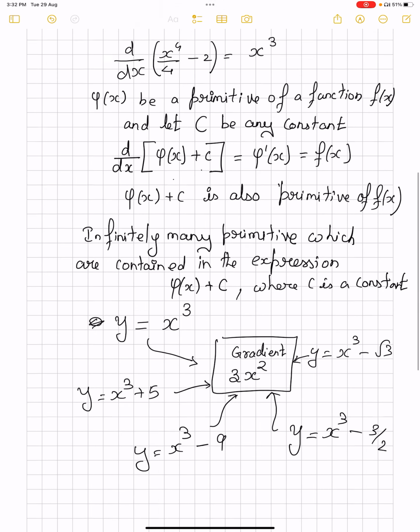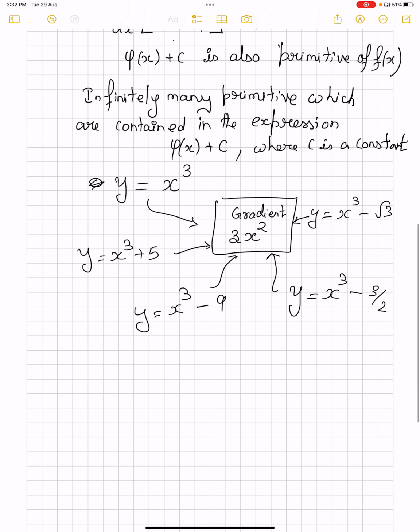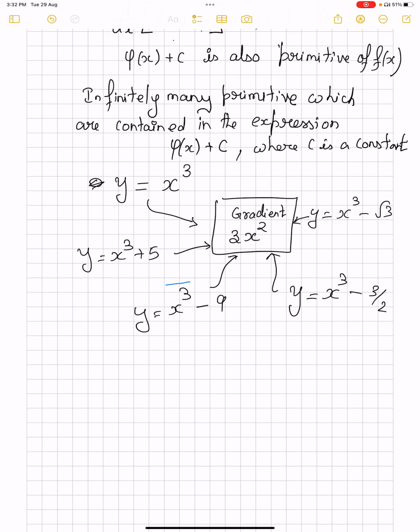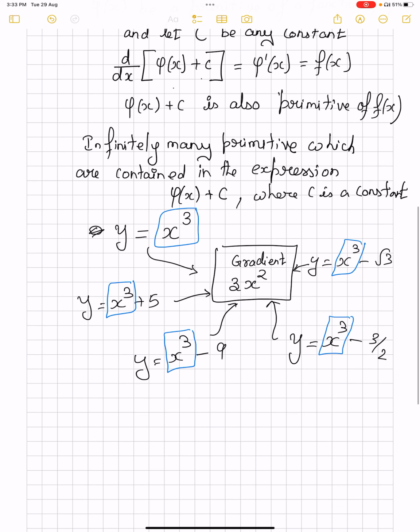In each and every function I have taken here, x cube was common, but the constants were different: without a constant, here x cube, no constant is there, or x cube with some real number as a constant. But in all those cases, my gradient was 3x squared. It was not disturbed. It was as it is.